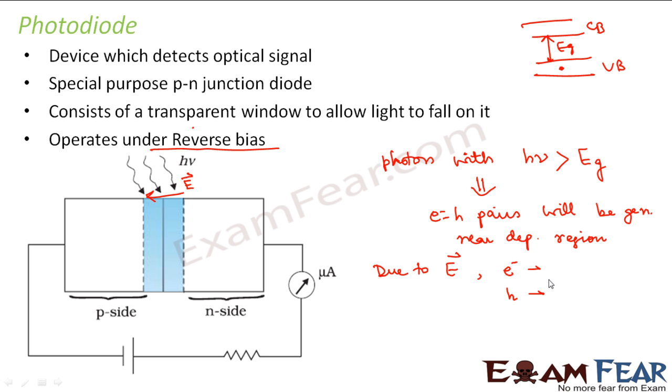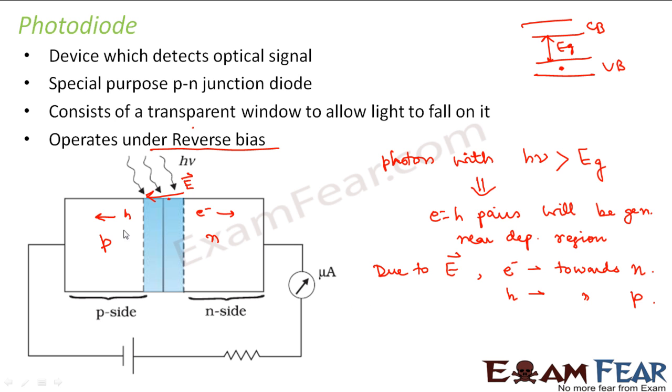This is P, this is N. If the electric field is along this direction, an electron which is generated here will move opposite to the direction of the electric field. So the electron will move towards the N side. Similarly, the hole will move towards the P side, right? So electrons will keep moving towards this side and holes will keep moving towards this side.